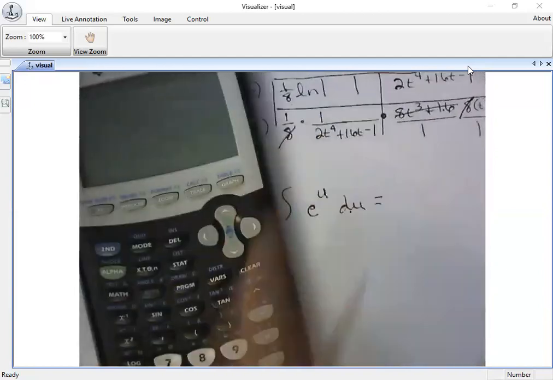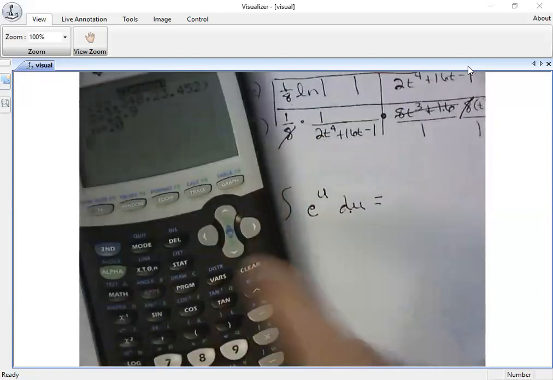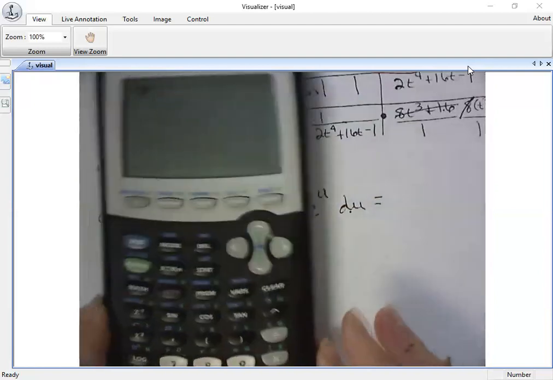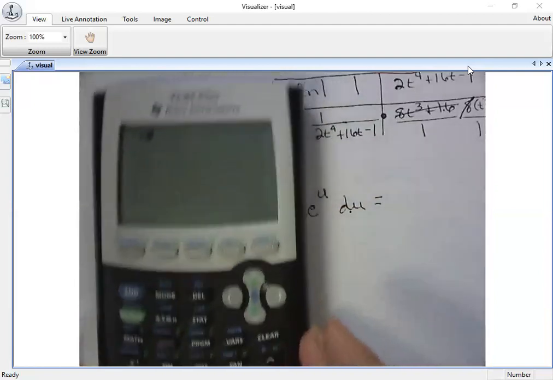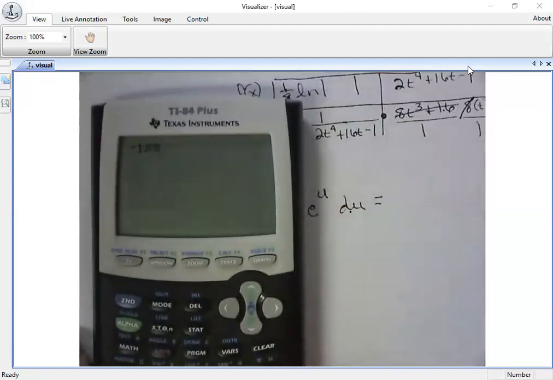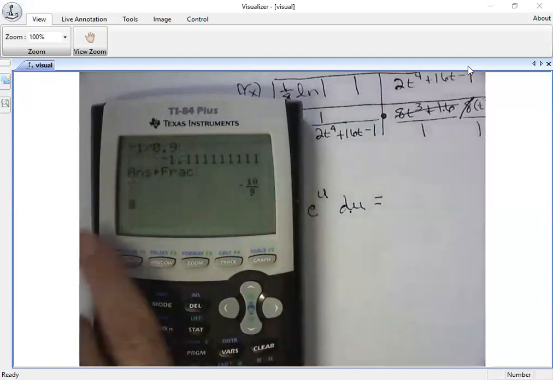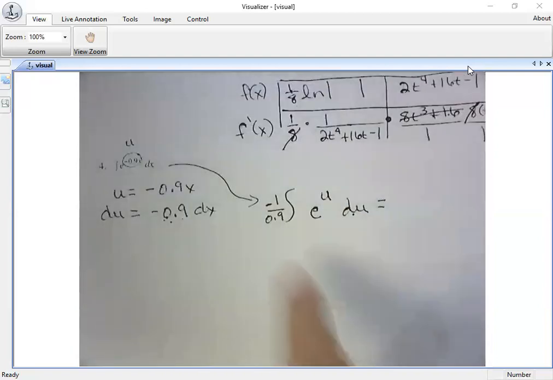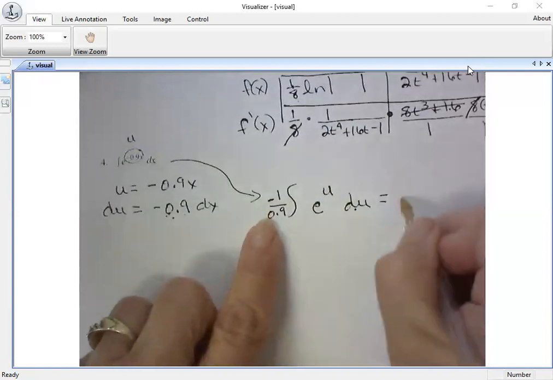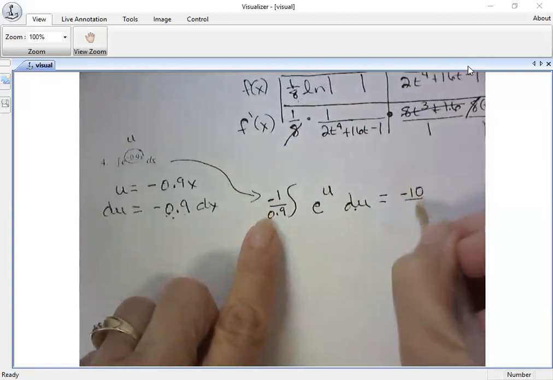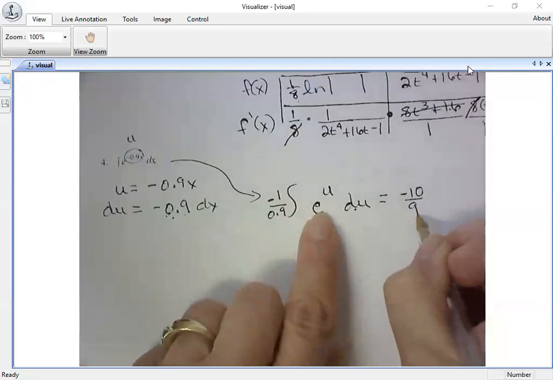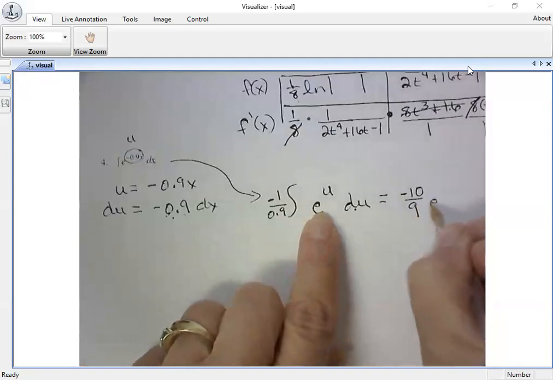If I were to take negative 1 and I were to divide that by 0.9, that's what it looks like. If I turn it back into fraction form, it's a negative 10 over 9. So if it's okay with you, instead of leaving it this way, I'm going to write it as negative 10 over 9. And you said e to the u integrates as e to the u.